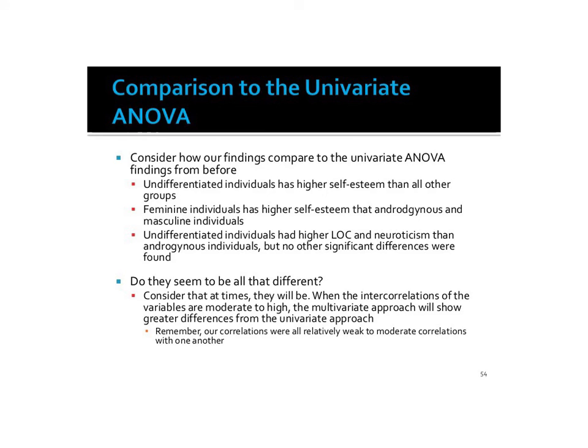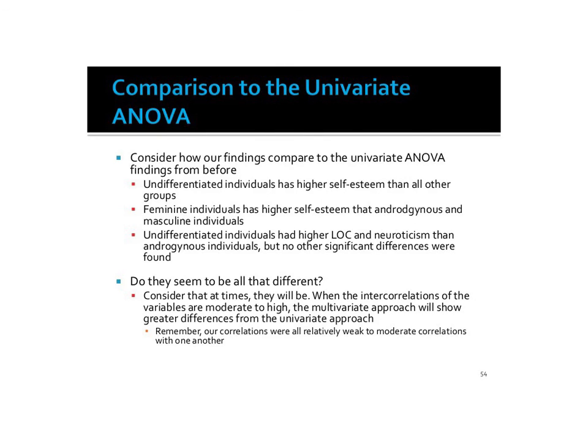Undifferentiated individuals had higher locus of control and neuroticism than androgynous, but no other significant differences existed. Well, we didn't have it. In our DFA, we couldn't discriminate between using neuroticism or locus of control at all.